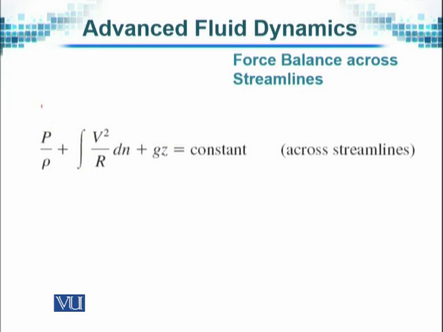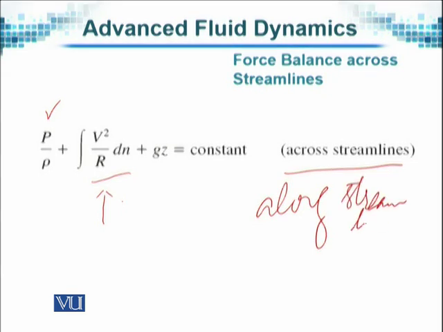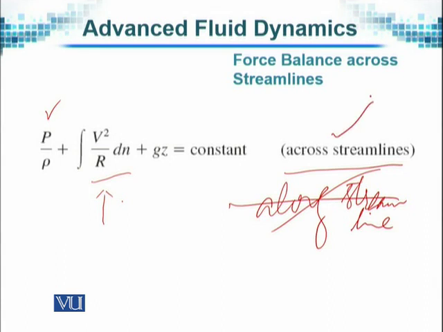We get the same P over rho pressure forces. ये वही हैं जो ordinary Bernoulli's equation में along a streamline है, लेकिन in the normal direction अगर हम कंसिडर कर रहे हैं तो फिर ये वाली टर्म is written as integral of v squared over r into dn plus gz constant, and that is across a streamline. Note down that this is not along a streamline, not along, across a streamline in a normal direction.